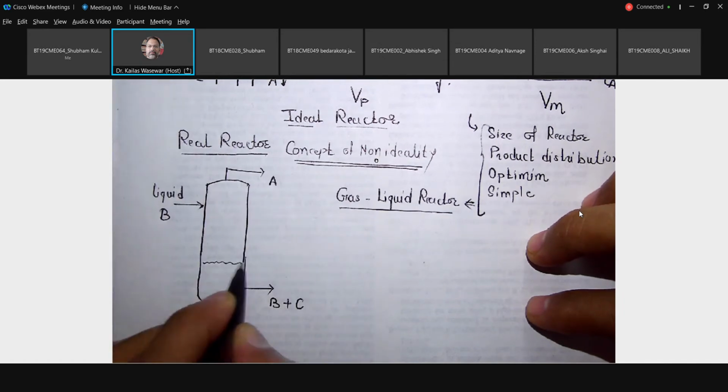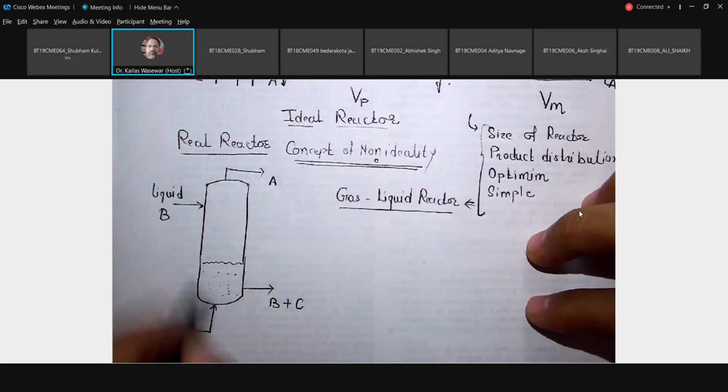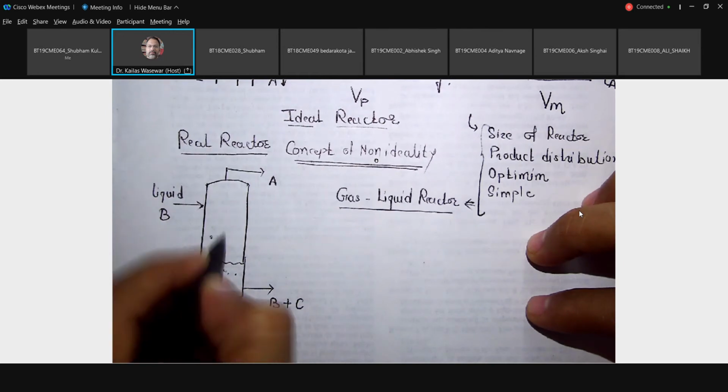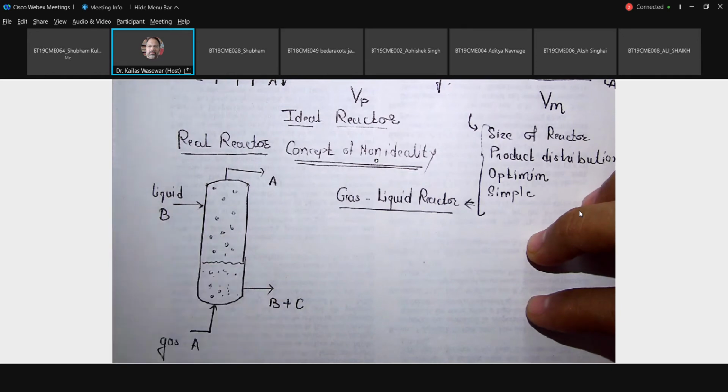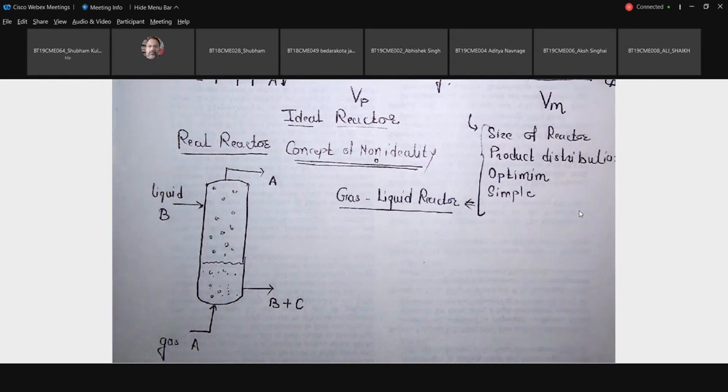Because of liquid, there will always be a certain level of the liquid. And then through this one, there will be bubbles and gas will come. Unreacted A will come. So A is gas, B is the liquid.